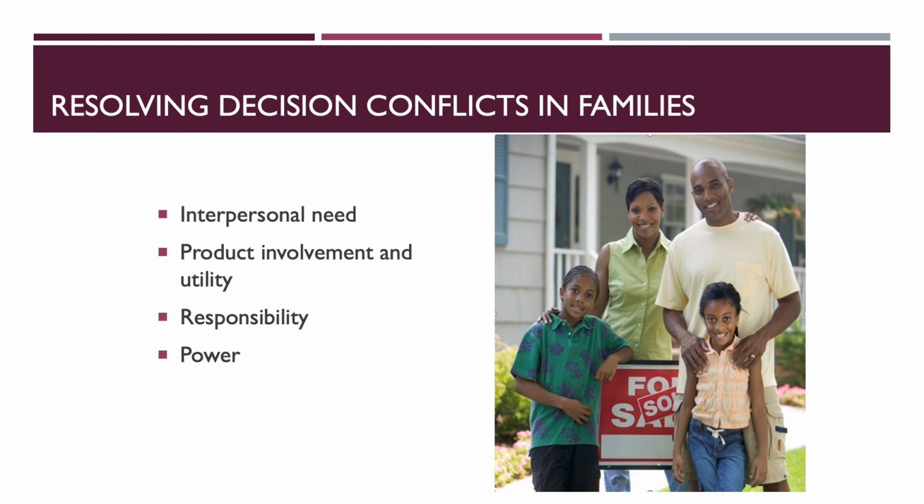The factors that determine how much conflict there will be include interpersonal need, product involvement and utility, responsibility, and power. Interpersonal need refers to the level of involvement of a person in the group. Product involvement and utility refers to the degree to which a person will use the product to satisfy a need. Responsibility refers to the person who has responsibility for procurement, maintenance, payment, and so on. And power refers to the degree to which one family member exerts influence over the others.